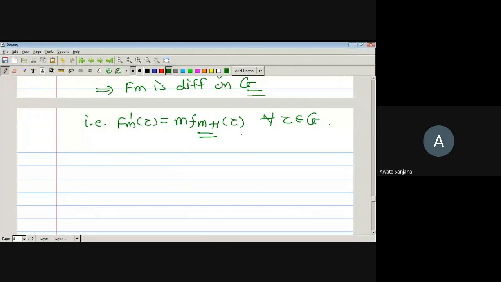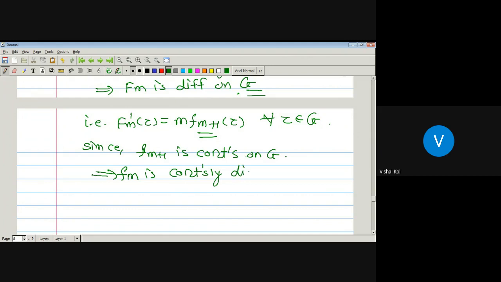Since fm plus 1 is continuous, fm is a differentiable function on G and fm plus 1 is continuous on G, which implies fm is continuously differentiable on set G. As it is continuously differentiable on G, then by the property of analytic functions, fm is analytic on G. So here fm is a function defined by the integral over the curve gamma of phi of w upon w minus z to the power m dw, which is differentiable, and its derivative fm dash of z is equal to m into fm plus 1 of z, and it is analytic on the whole set G. Okay, and that is what we had to prove, and hence the required result.